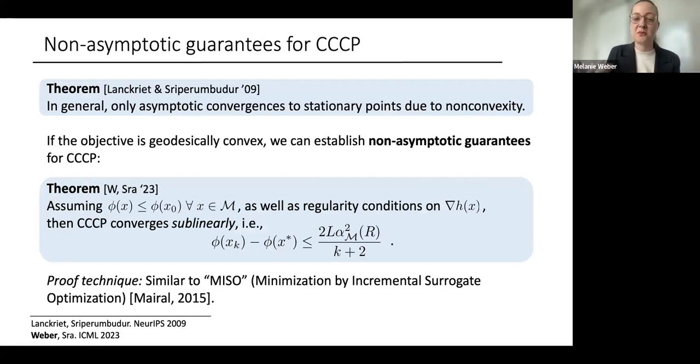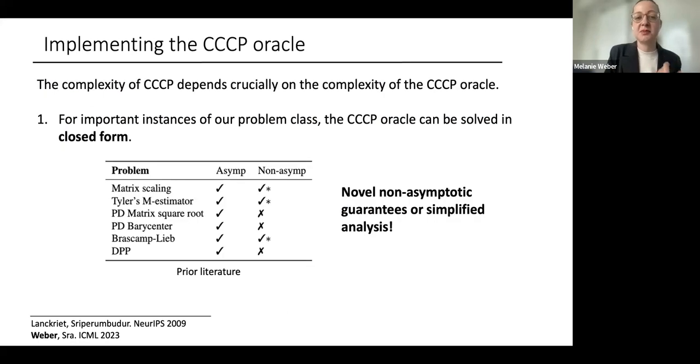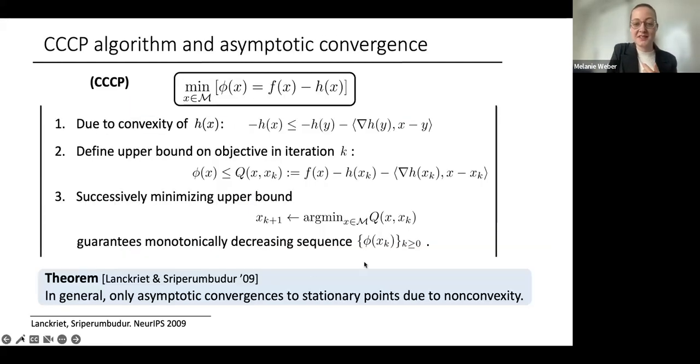But to really judge how practical the algorithm is, we also have to think about how expensive it is to actually compute one of those iterations. And in that case, that depends very much on the complexity of the so-called CCCP Oracle. I don't think I said that, but the CCCP Oracle is exactly that subroutine where we are minimizing this upper bound on the objective function in iteration k.